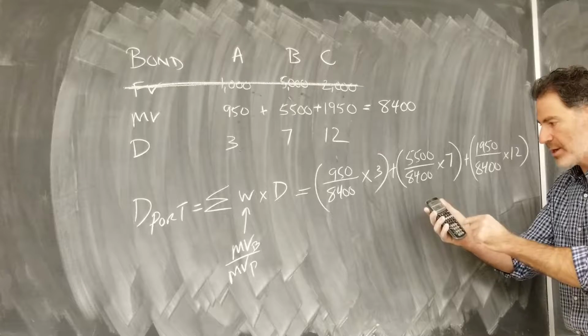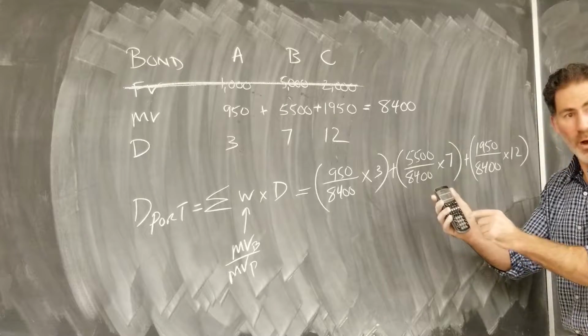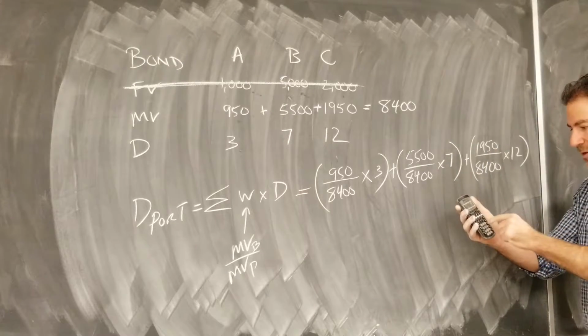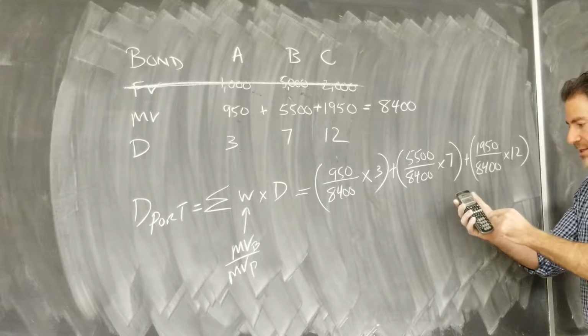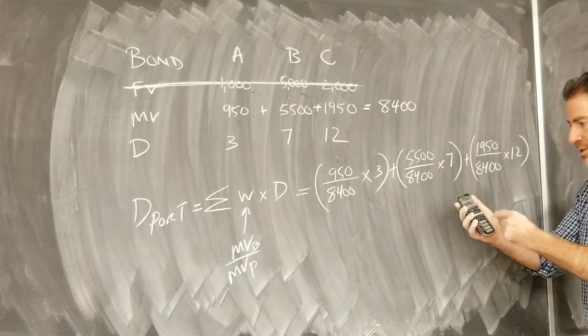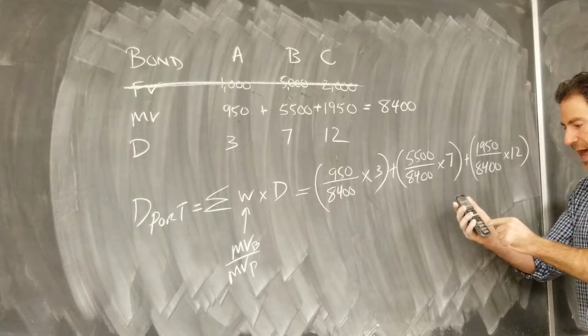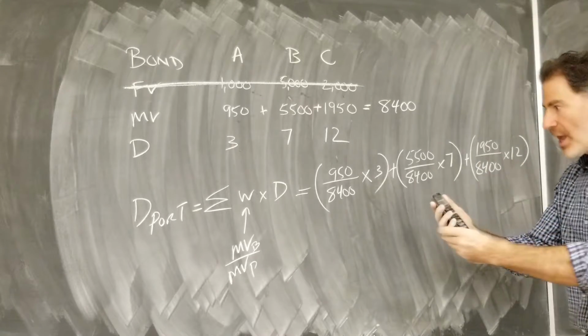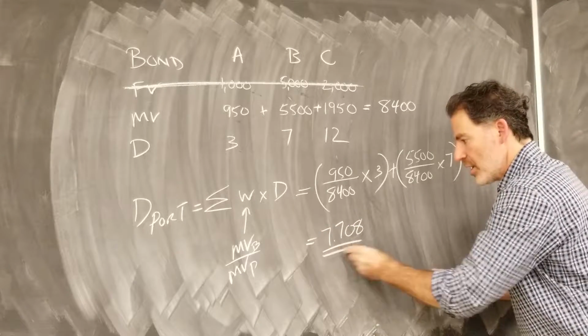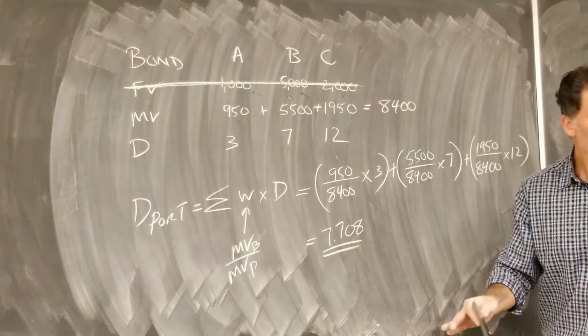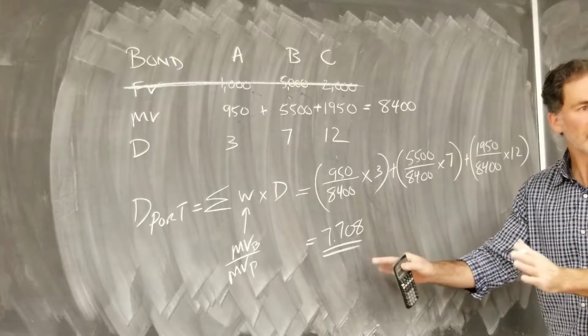Plus recall 1. And now I'm going to store that in number 1. Let's do the next one. 1,950 divided by 8,400 times 12. So that came to 2.78. Let's add that to the memory. And I get an answer of 7.708. So the portfolio duration is 7.708.